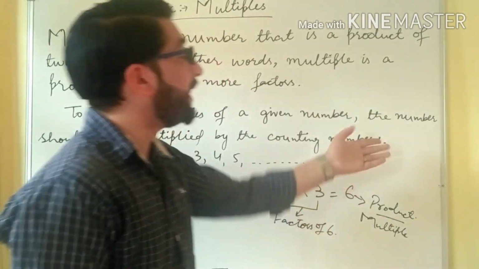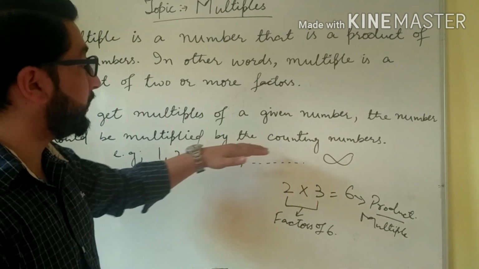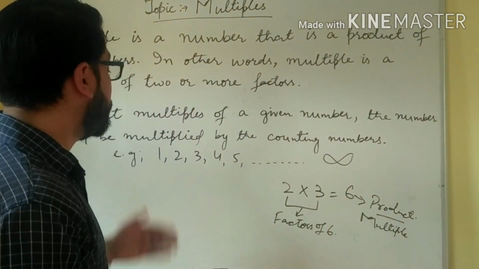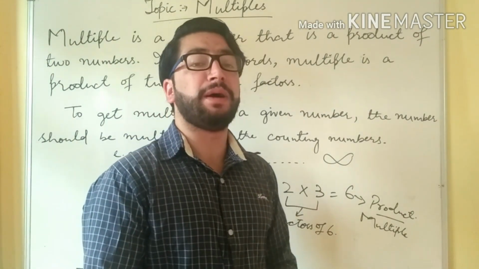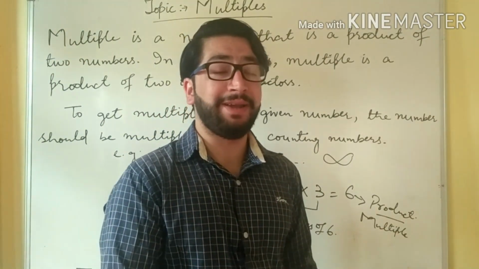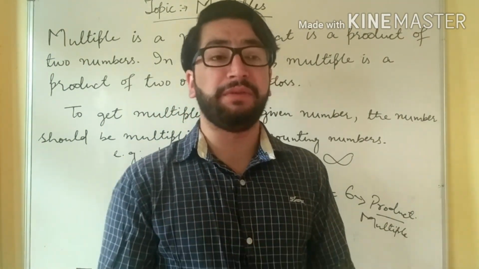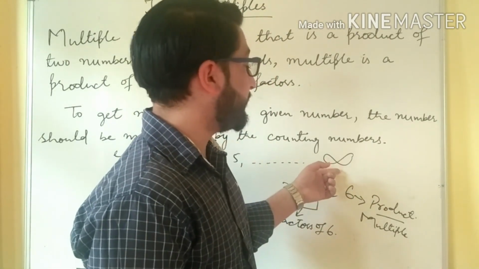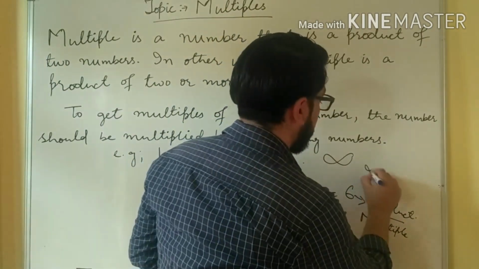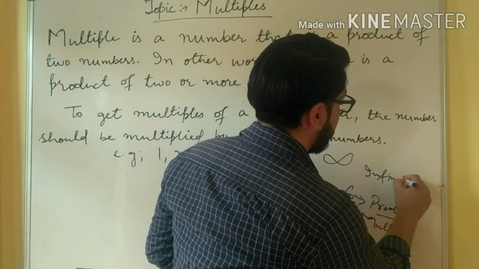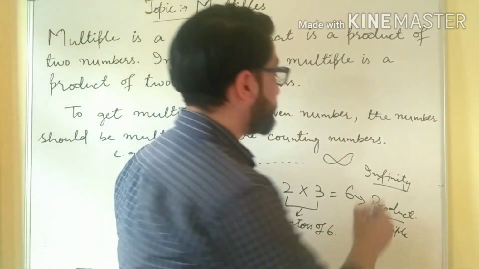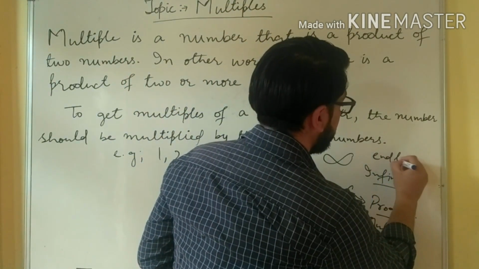We get them by multiplying the number by counting numbers. What are counting numbers now? Counting numbers are those numbers which start from 1 and continue up to infinity. What is infinity? Infinity is a word which means endless.